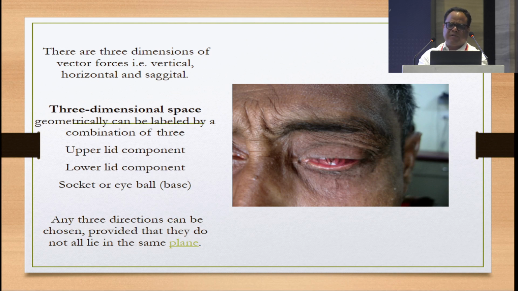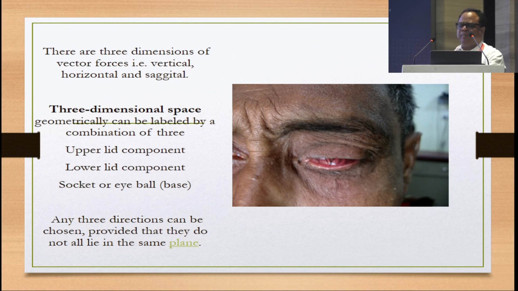Sometimes in a contracted socket, we can cut short some of our grafting, so that if there is shortening of one lamina in one lid, we can utilize it for shortening in the other lamina.